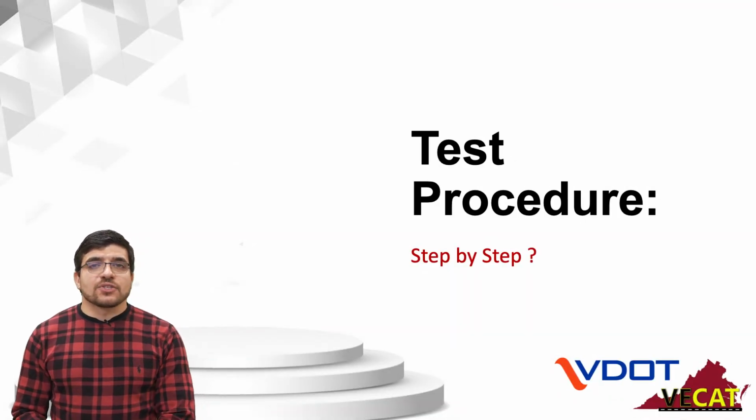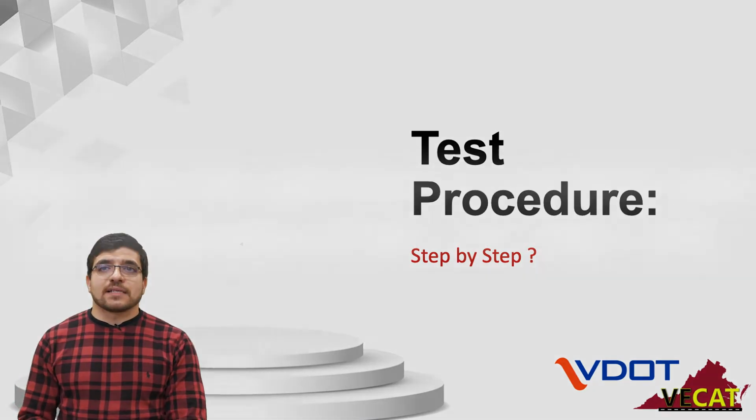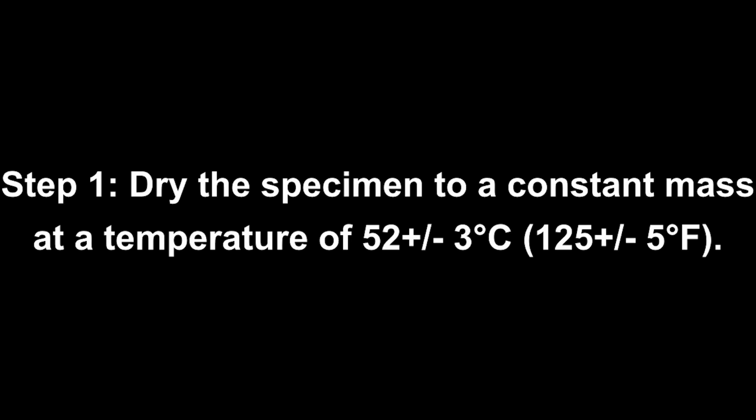For the test procedure, we will be presenting step by step how to perform the Cantabro mass loss test. Step 1, we need to dry the specimen to a constant mass at a temperature of 52 plus or minus 3 degrees C, 125 plus or minus 5 degrees Fahrenheit.